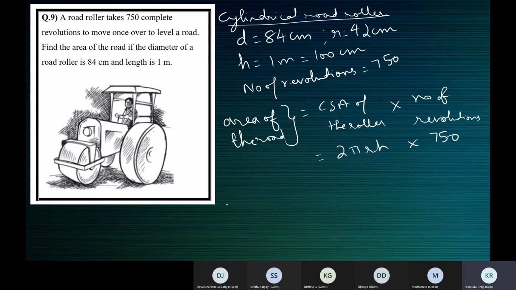I'll just continue working here, children. You please work below. 2 into 22 by 7 into radius into height 100.